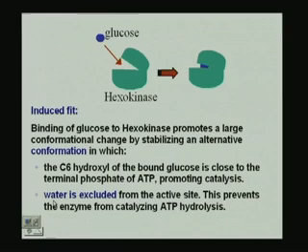So, and we also have this important point where water is excluded from the active site, because what would happen if water would be there? ATP would be hydrolyzed. Okay. We do not want the hydrolysis of ATP, we want the phosphate to be transferred only to glucose. Okay.